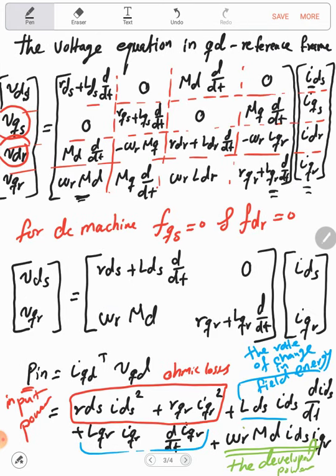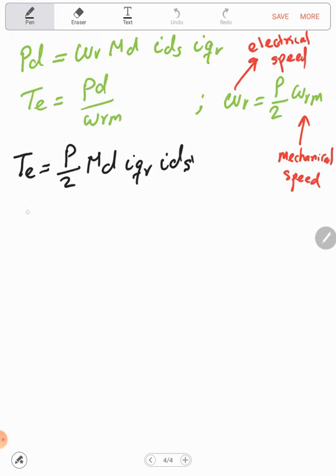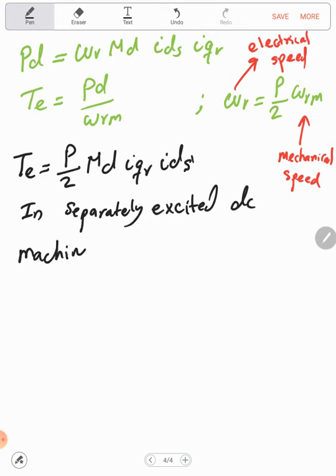So simply for the separately excited DC machine, we have IA by definition is the IQR and the IF is by definition the IDS.